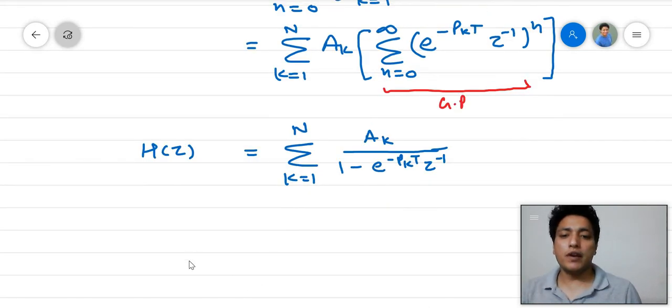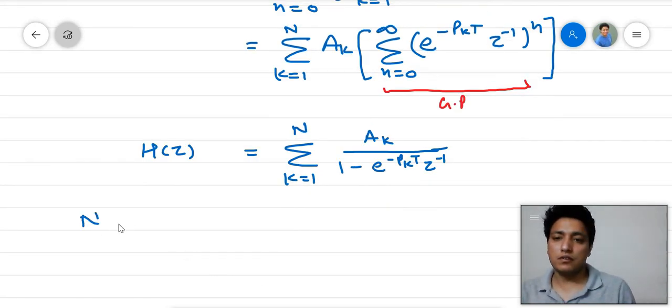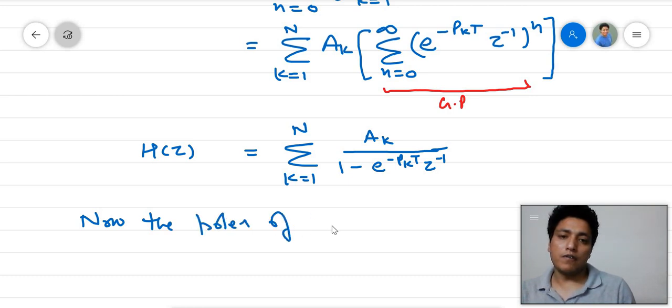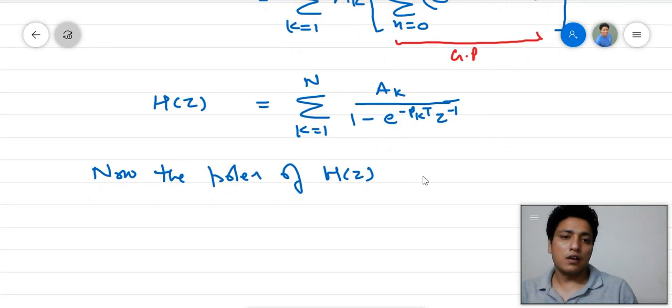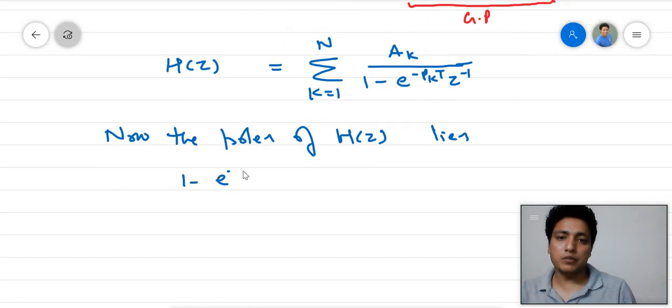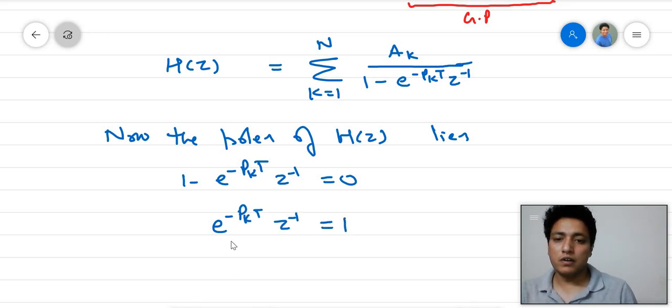Now if we want to find the poles of H(z), 1 minus exponential minus p_k T z to the power minus 1 equals 0, so exponential minus p_k T z inverse equals 1.